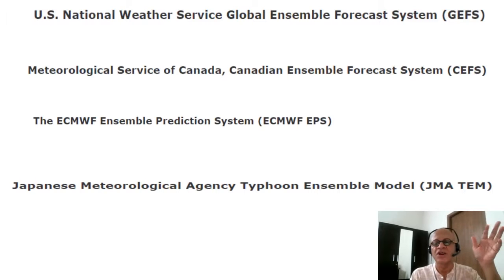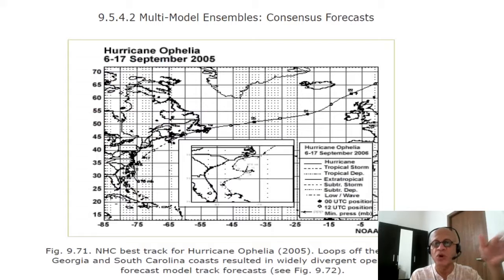Of course, there are various ways to do the ensembling: a linear average or weighted averages and so on, and sometimes you have to discard models which are doing something completely crazy, for example, so there is some subjectivity involved there as well. So that's multi-model ensembles and consensus forecasts.